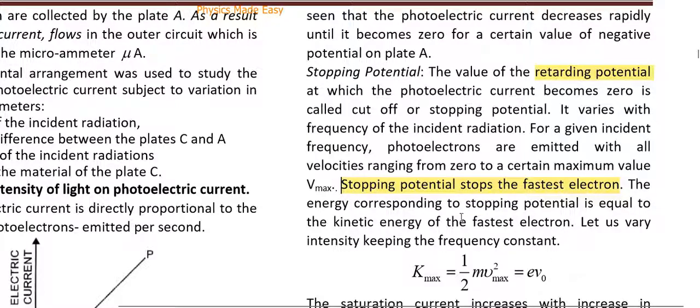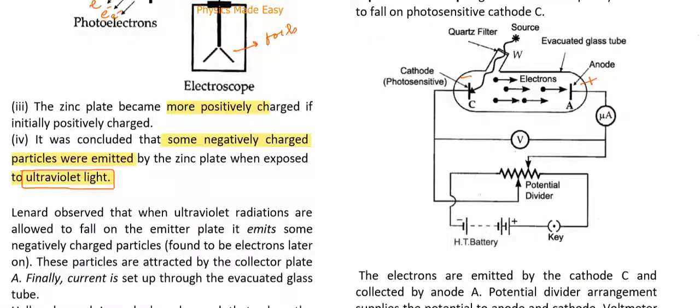And now let us view it from here. If we keep on making this negative with respect to the anode, remember the graph, the photocurrent decreases.